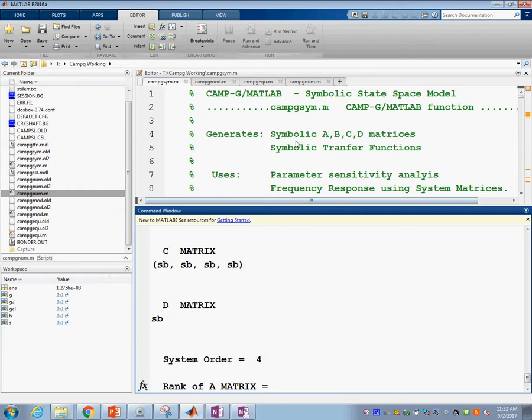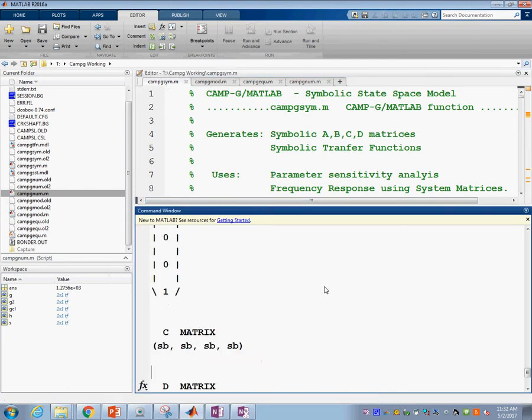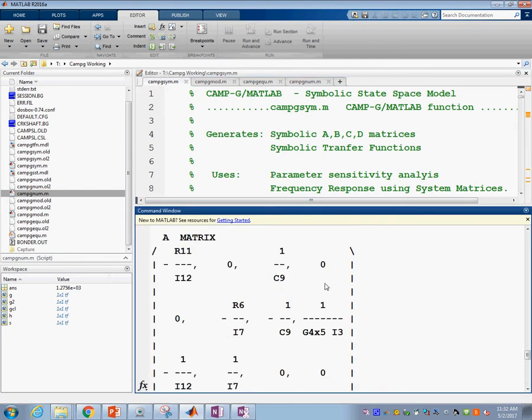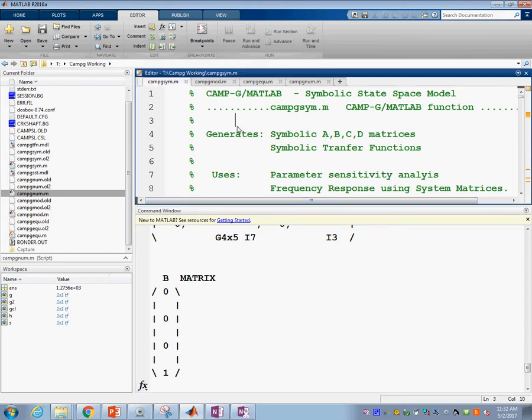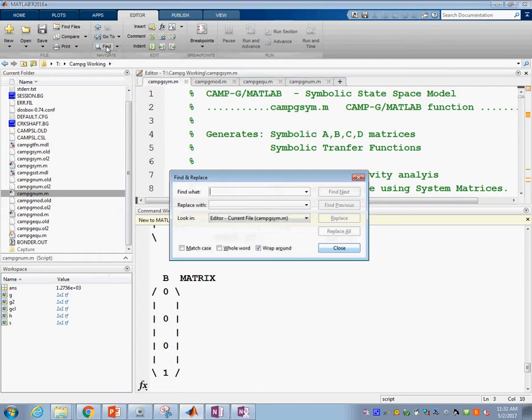The point I wanted to make is that the A and B matrices, which do not depend on the output, have already been generated. But we need to find the two outputs.